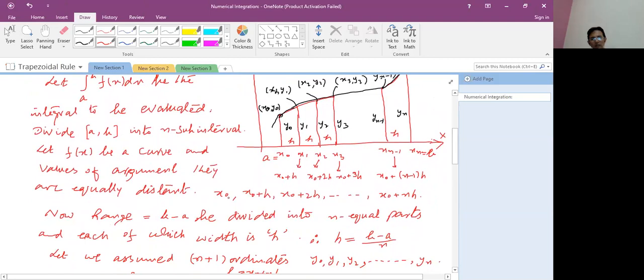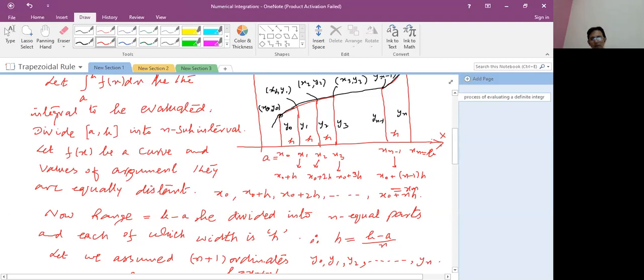So if we consider x0, x0 plus h, x0 plus 2h, x0 plus 3h, and the last value x0 plus nh, it is called xn. Now we will find the range.